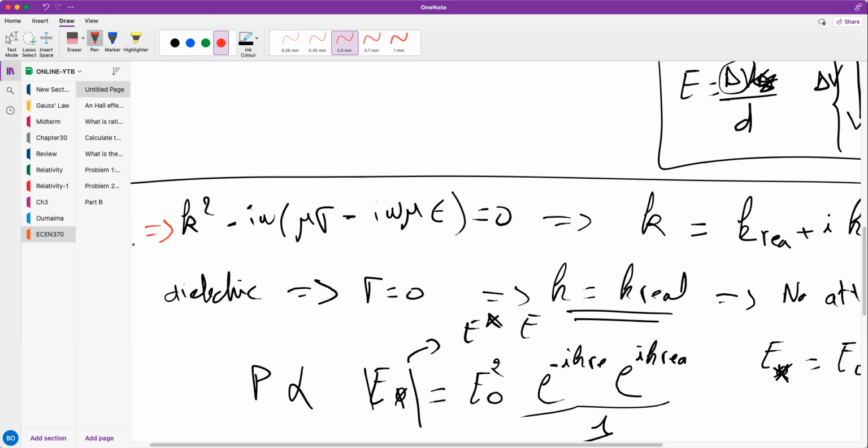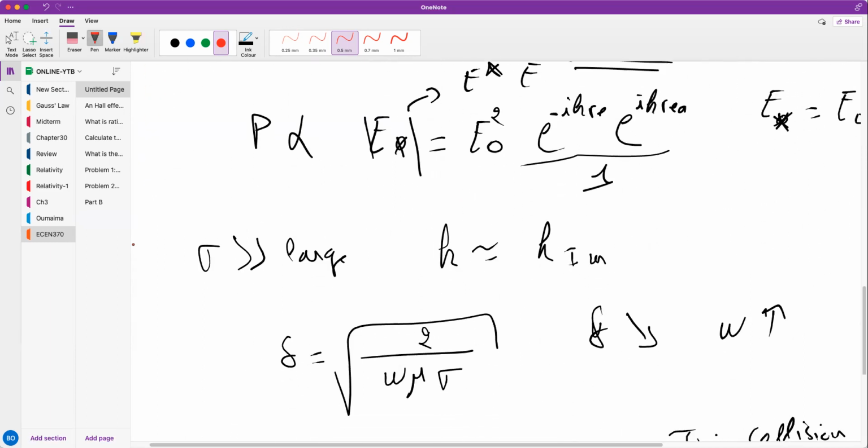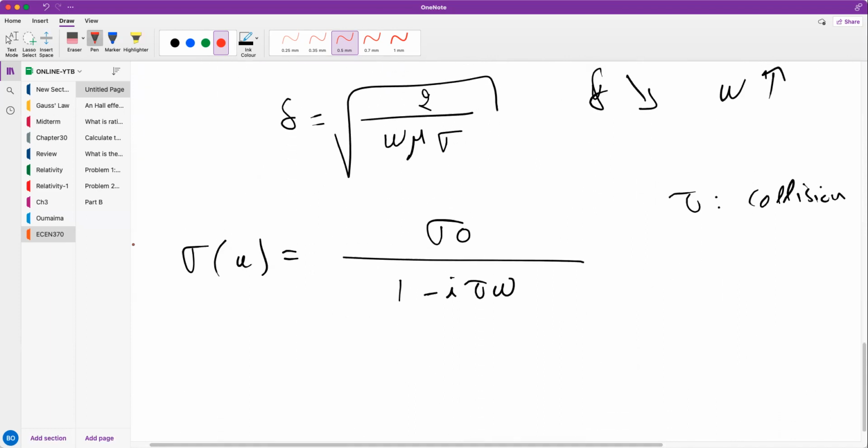The metal properties means sigma, the conductivity, and the wave properties means the frequency. We have more attenuation when we have a higher frequency and a higher conductivity. And then the skin depth. That is really the goal of this exam and of this course.